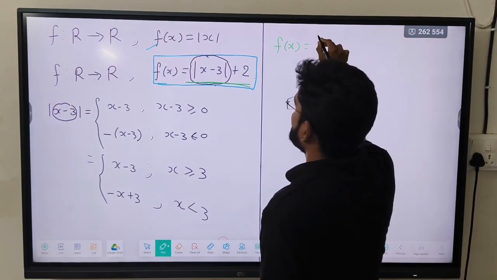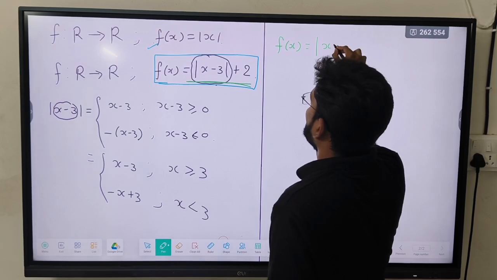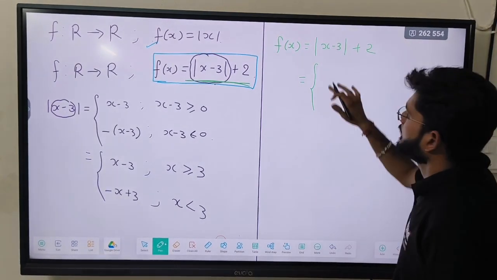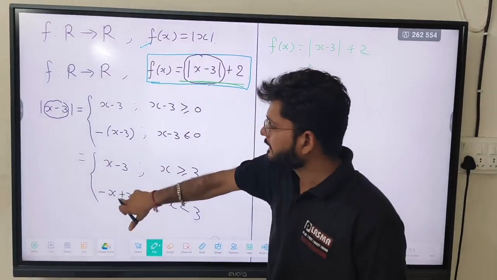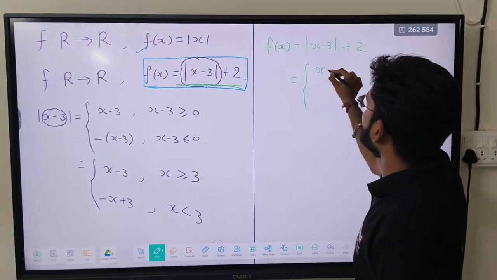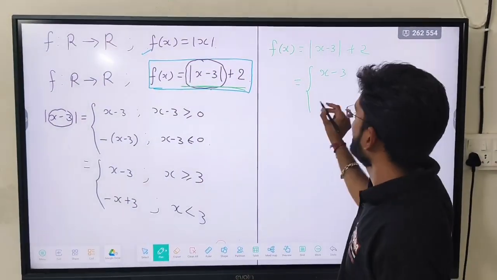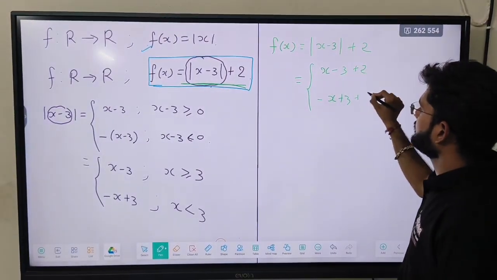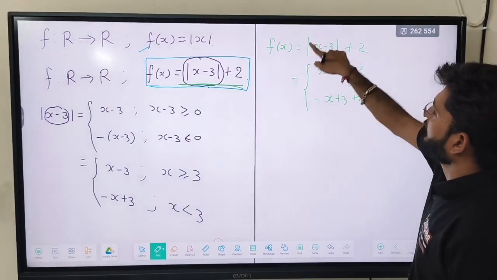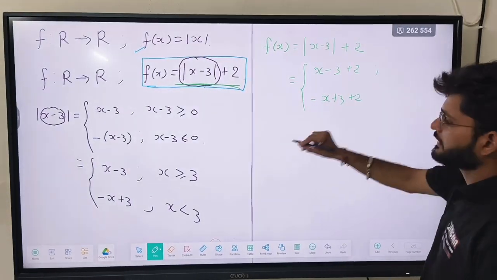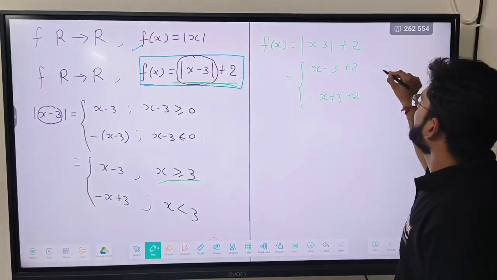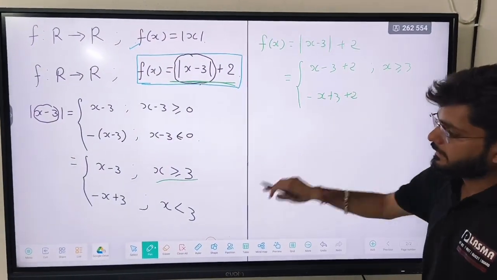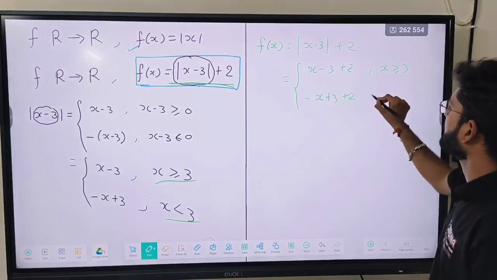So f(x), which is equal to mod of (x minus 3) plus 2, can now be written as: it is equal to x minus 3, and minus x plus 3. This 2 we add to both. When will f(x) have this answer? When x is 3 or greater than 3, and f(x) has the other answer when x is less than 3, right?